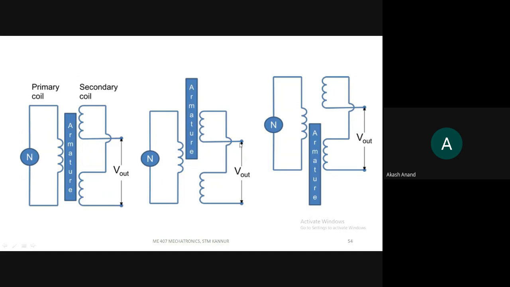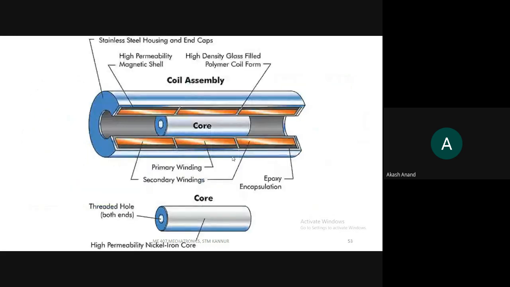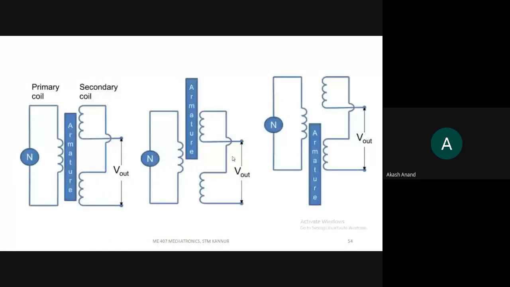It will produce a certain amount of EMF, and if the armature is moved to the other end, this coil will produce the voltage, and the magnitude will be the same but opposite, showing a negative reading. That is how we can detect whether it is a positive displacement or a negative displacement.